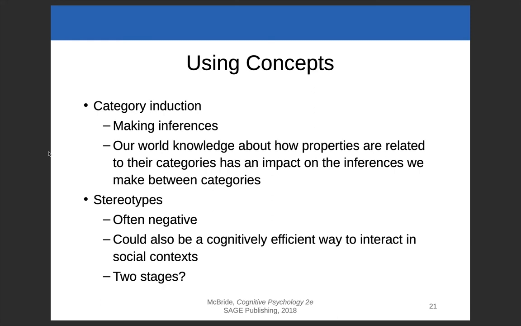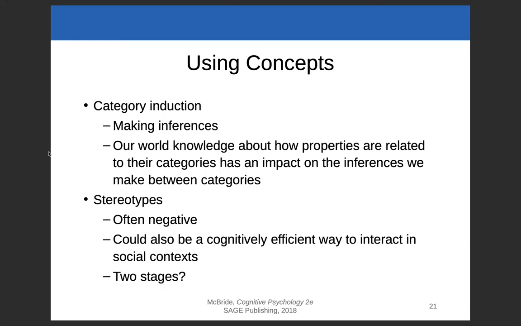Are there two stages to stereotyping, right? That's one of the theories of how stereotypes are related to concepts. Maybe the first stage involves automatic activation of knowledge that we've stored.